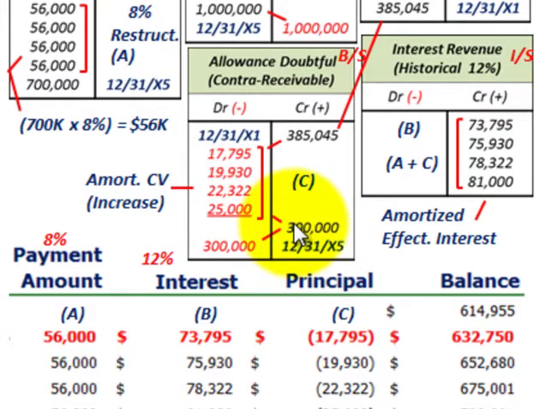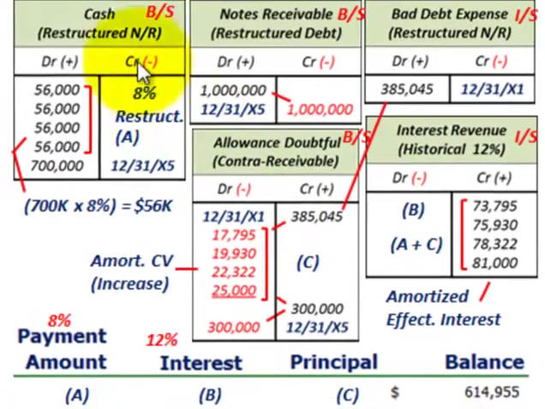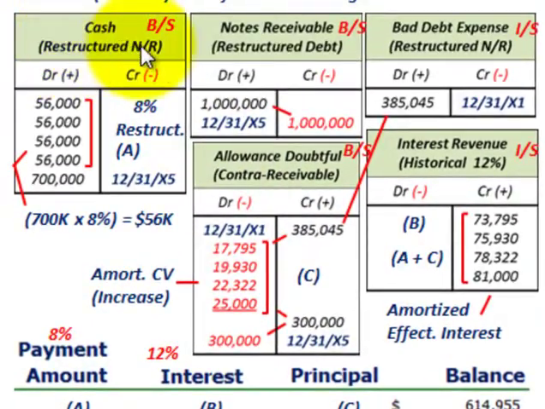Okay, before we close these accounts out, let's look at this cash account and the restructured notes receivable. This is the cash amount that we're going to receive, those interest payments, the 8% times the $700,000 principal amount, $56,000 for each of the next 4 years. So we debit or increase our cash account for that amount.